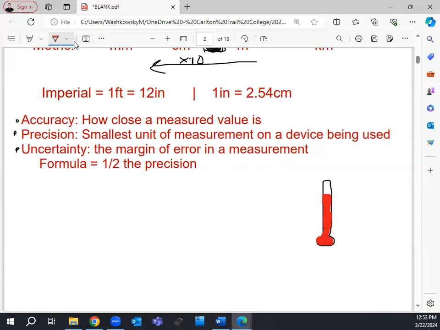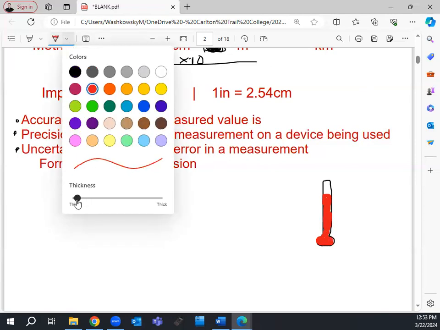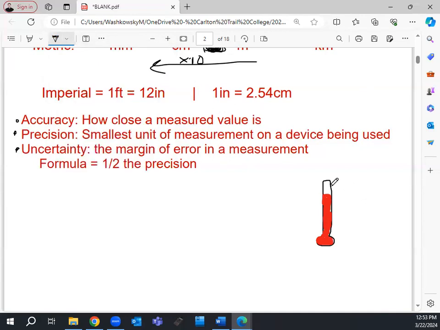There we go. I have a thermostat there. So maybe this is 20, this is 10, this is 0, this is, I don't know, minus 10. I'm just picking random numbers here, right?